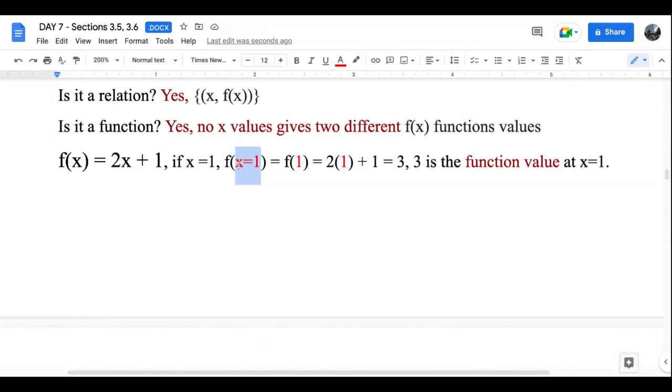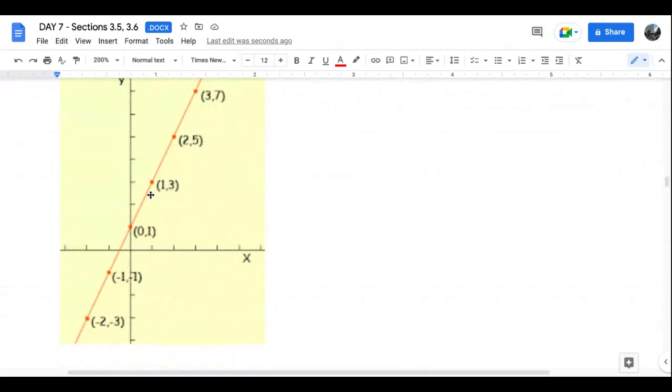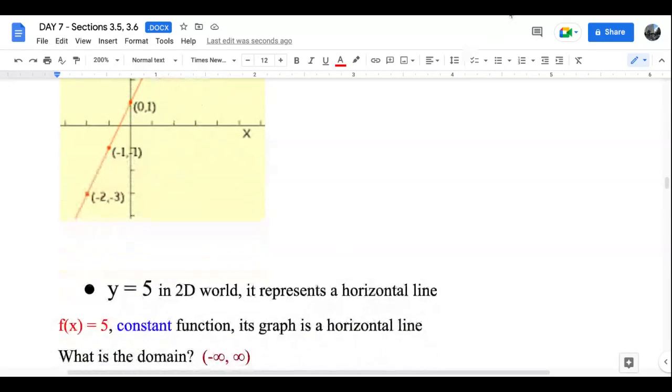So x equals 1. Usually we just use 1 instead of x. Right? x can be any value. If we assign x to be 1, we just write f of 1. So this means 1 comma 3, right? The point is 1 comma 3. So that's this point. You can check 0 comma 1 is on the line, 2 comma 5, 3 comma 7, right? So that's this graph.